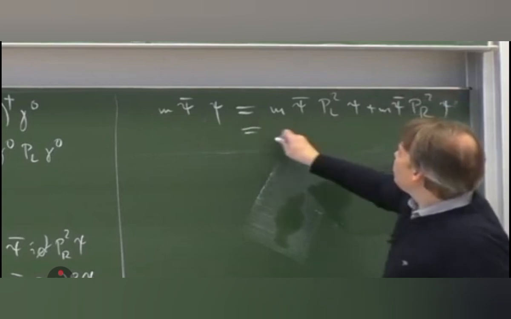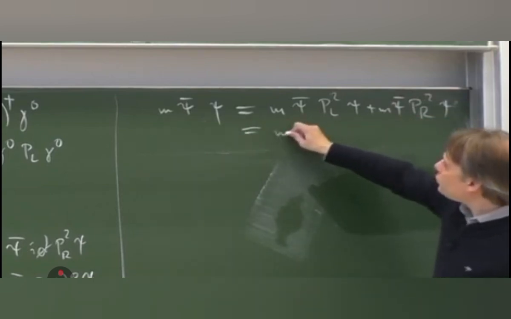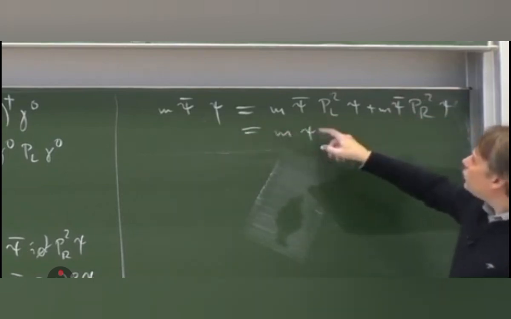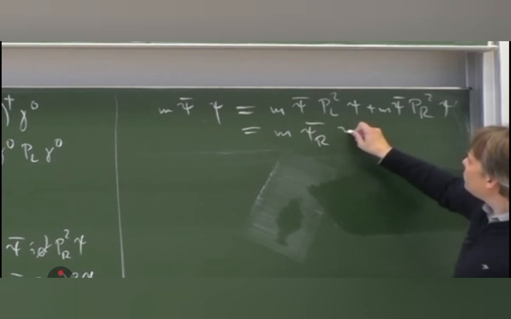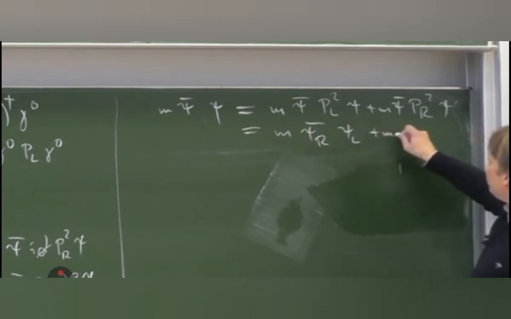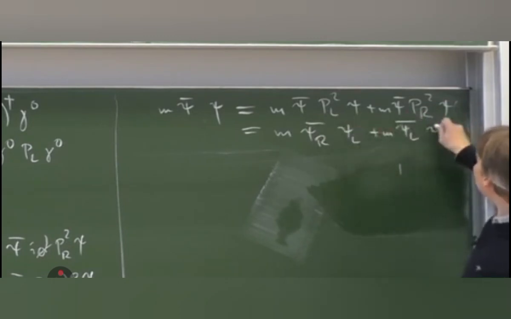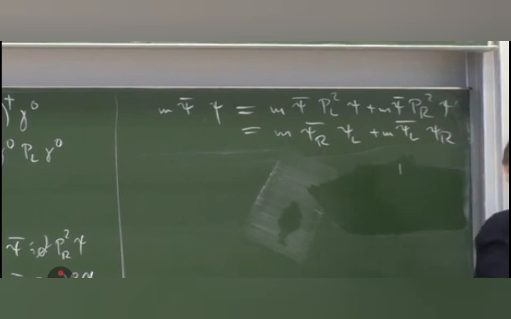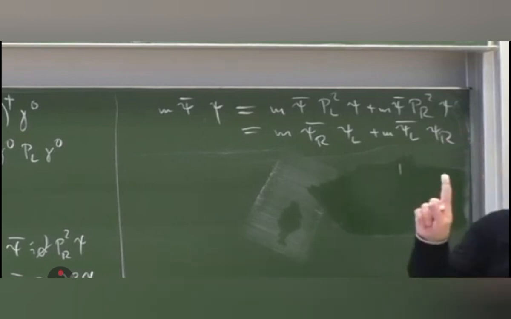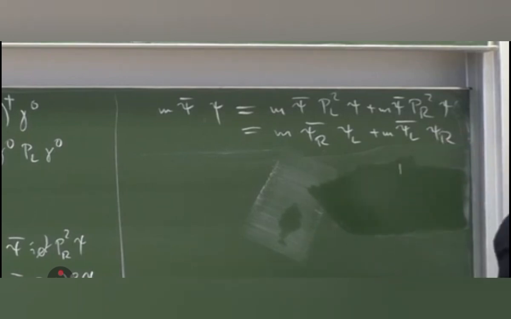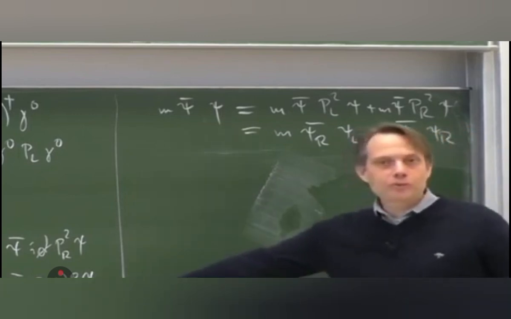And then introducing the abbreviations, that simply means m psi right bar times psi left plus m psi left bar times psi right. So the mass term combines left and right chiral spinors, but the kinetic term does not.